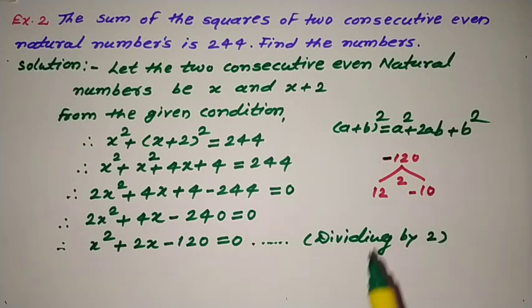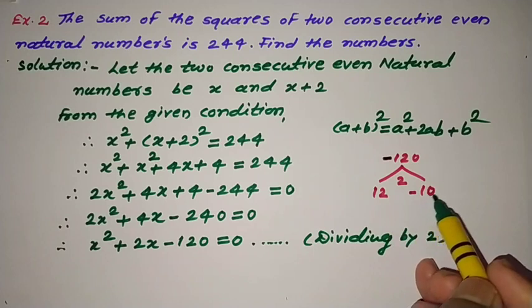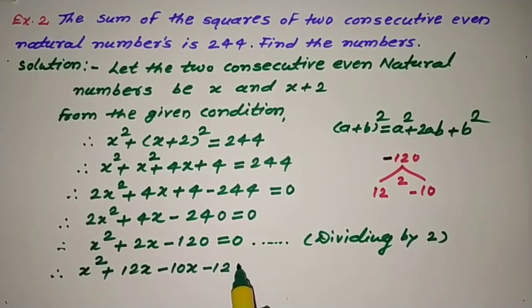The sum of the two factors is plus 2 and multiplication of the two factors is minus 120. Write down in the factor form: x square plus 12x minus 10x minus 120 is equal to 0.